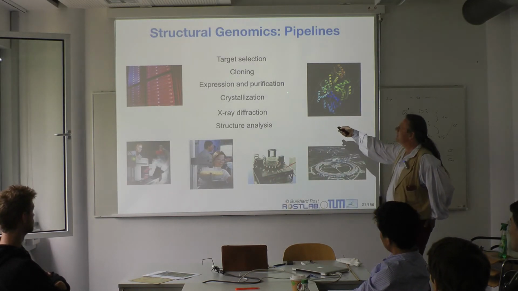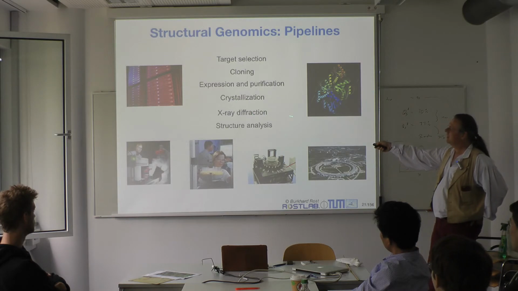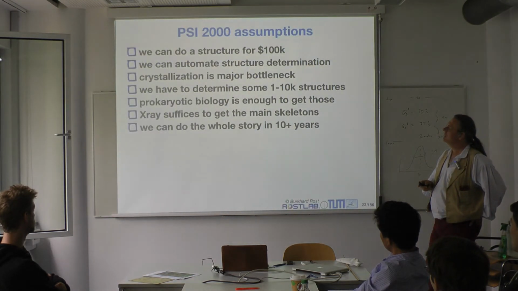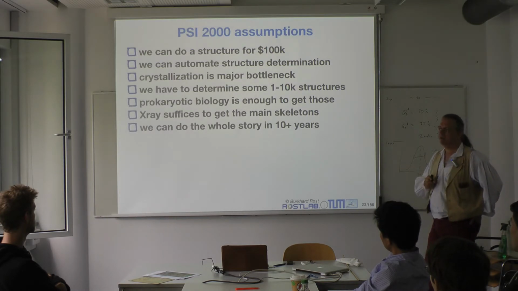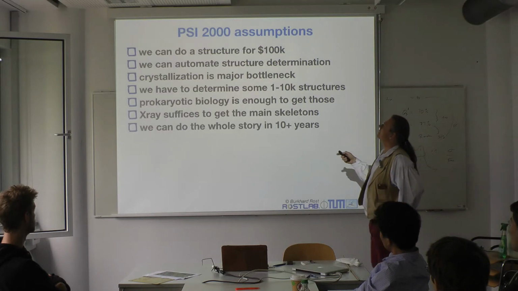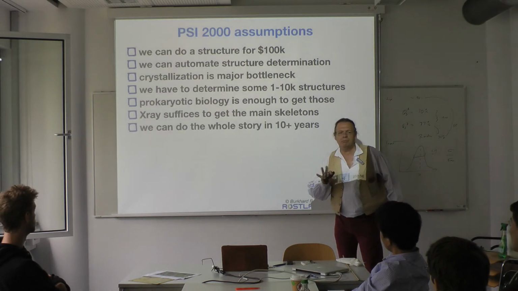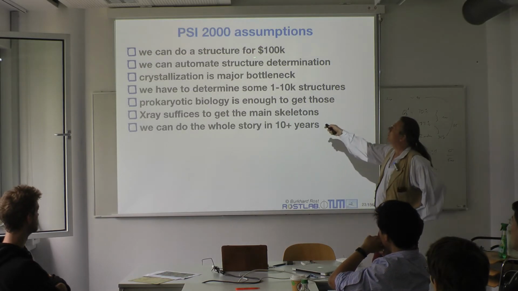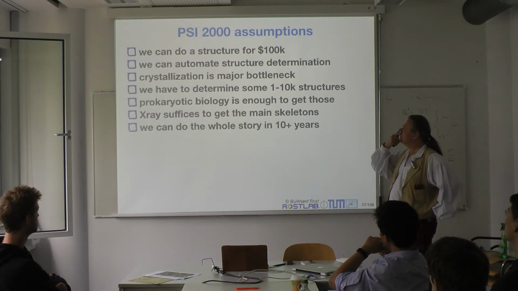Then cloning, expression, purification, crystallization, X-ray diffraction, and structure analysis. And one of the assumptions was that ultimately we can do a structure for $100,000. When structural genomics started in 2000, the price tag was closer to $1 million. So the hope was to cut it down by a factor of 5 through this investment.